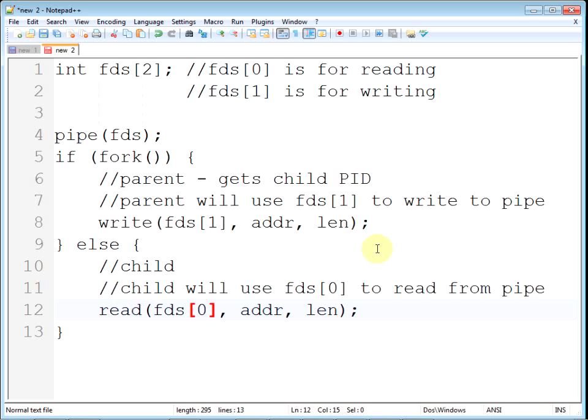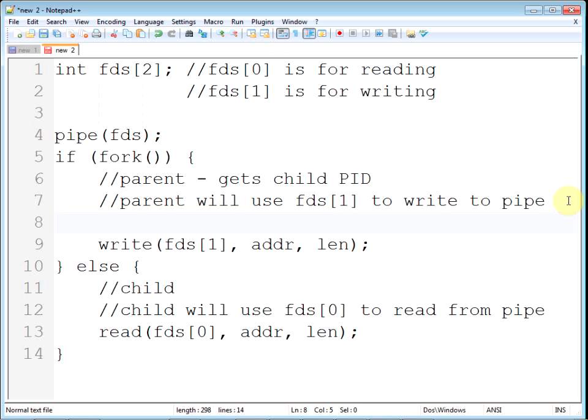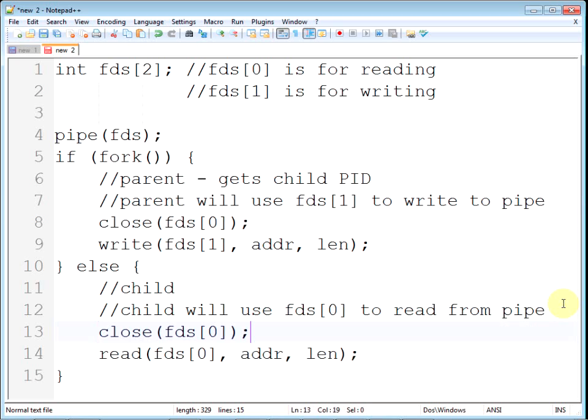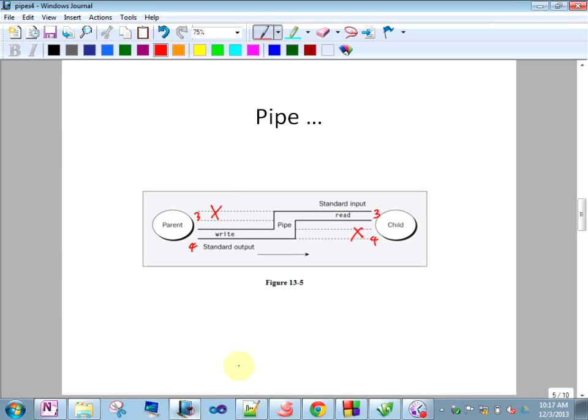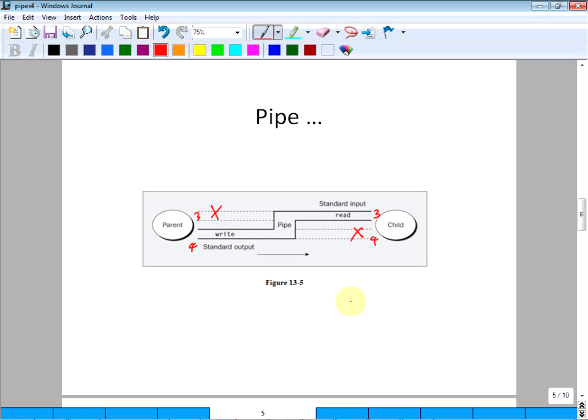Here also FDs of 1. If you want to be really safe, you can close it, so that you won't accidentally use it. Okay. This one similarly here, as part of the cleanup, you can close the other end of the pipe. Then the picture looks like this. See, the other portion is already closed.